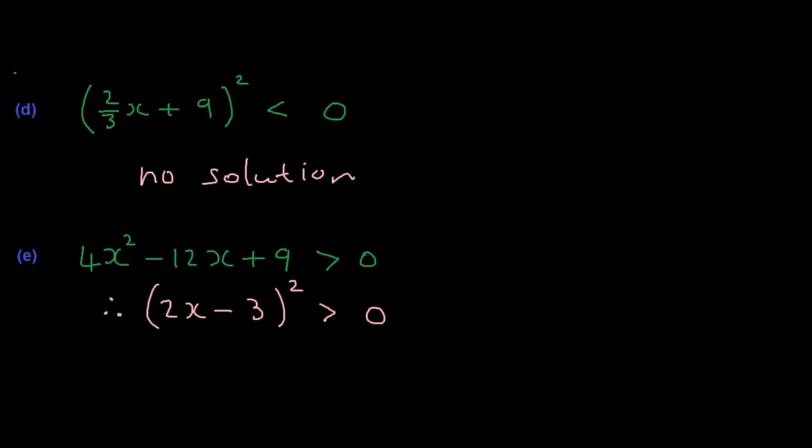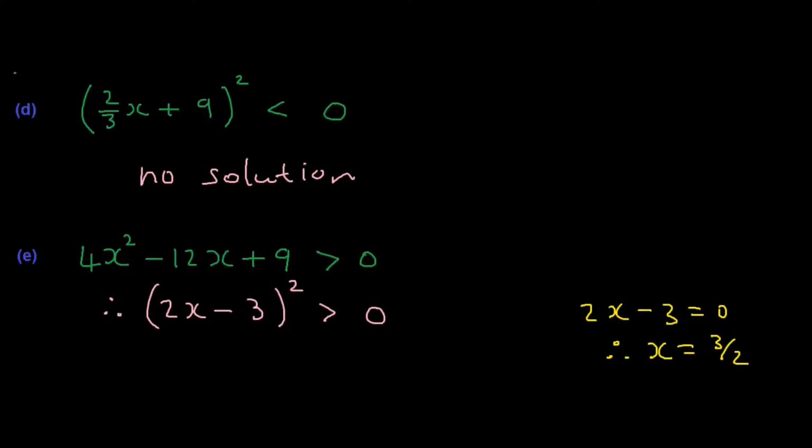So as usual, we're going to check where the left-hand side equals 0. So we're going to do this on the side, and we can solve this equation. We find that x is equal to 3 over 2.